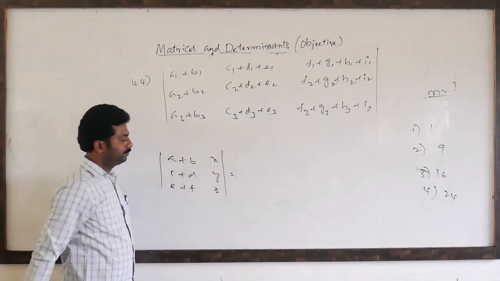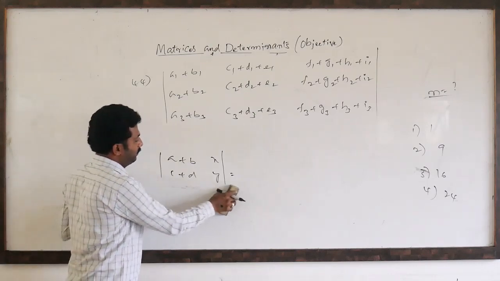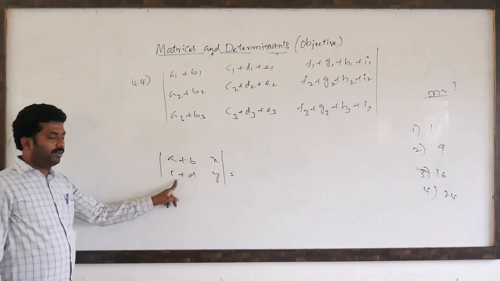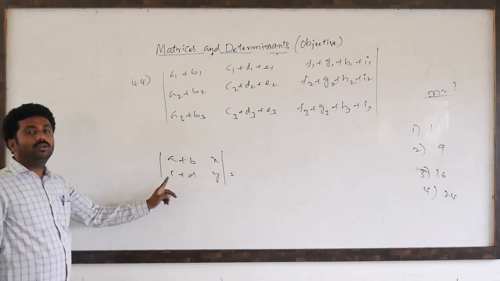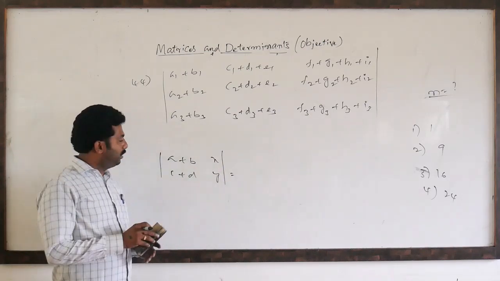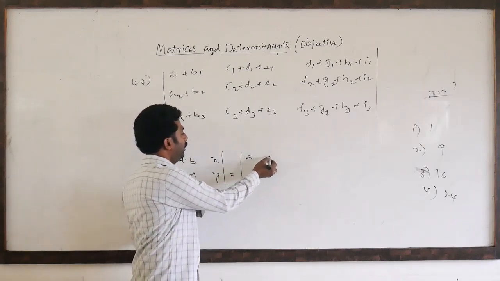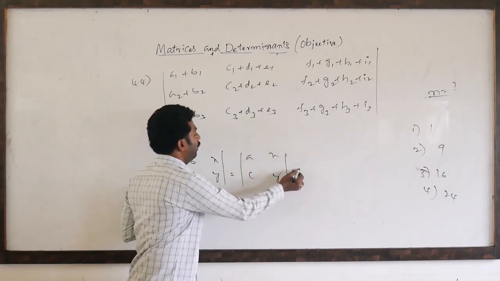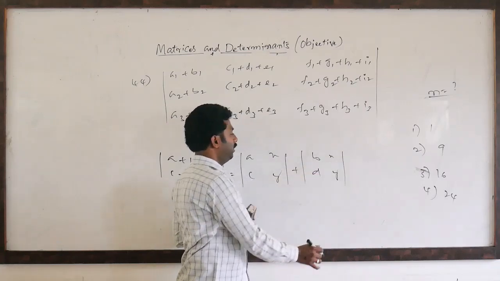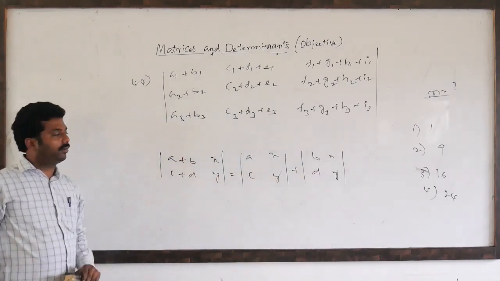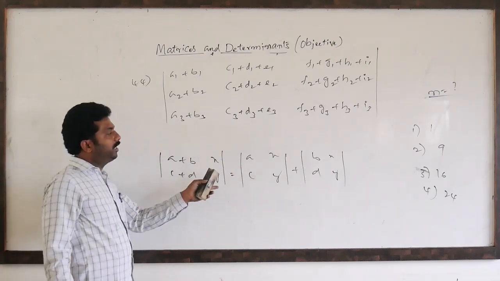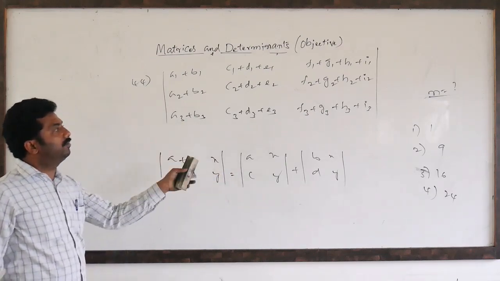The first column contains a sum of two terms, so we can decompose this determinant into two determinants. Like that, a sum of two terms gives two determinants, a sum of three terms gives three determinants, and a sum of four terms gives four determinants.